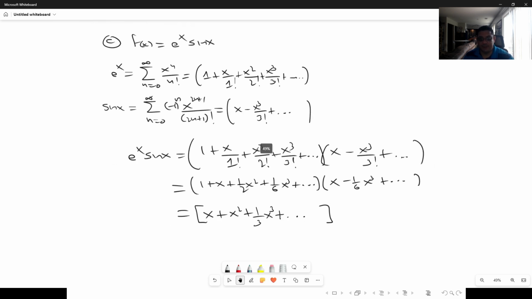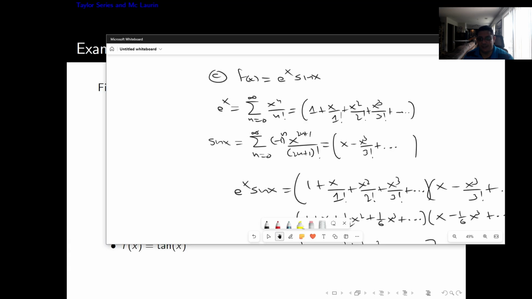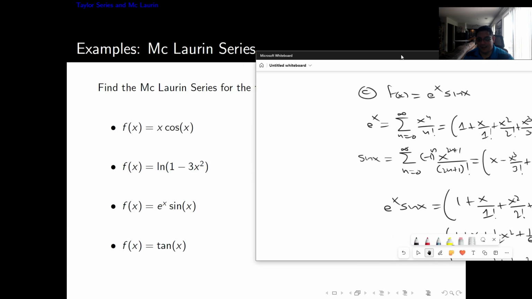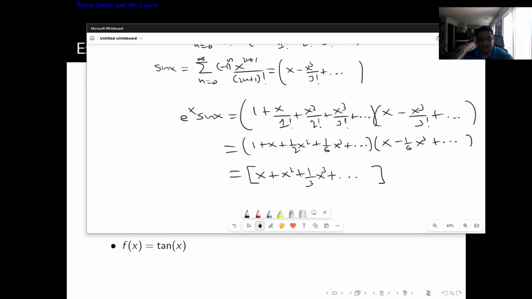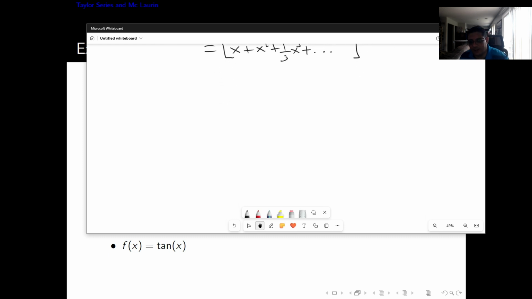Similar to this is the last example where we have tangent of x, and tangent of x gets into play here because of course you can represent tangent of x as sine over cosine.